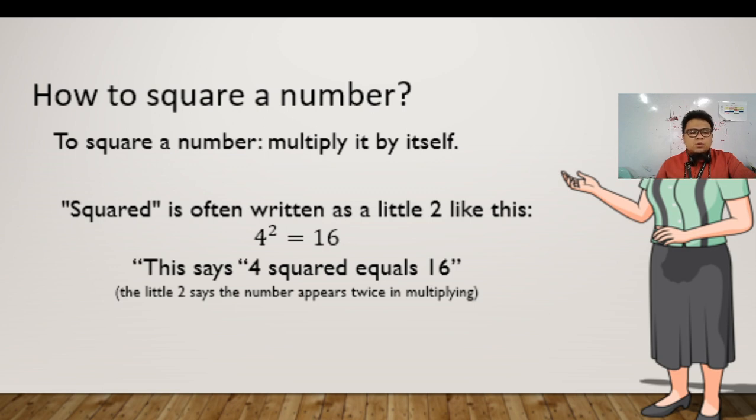We read this equation as 4 squared equals 16. Again, 4 squared equals 16. The little 2 says that the number appears twice in multiplying.